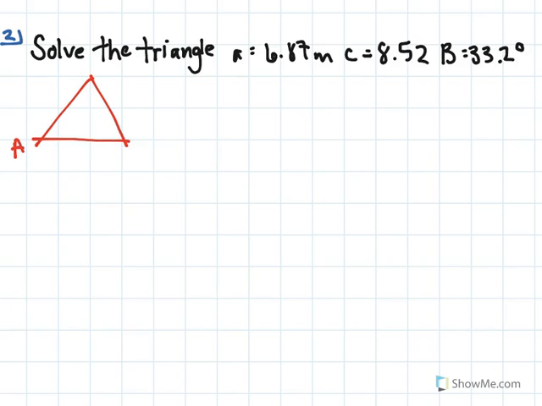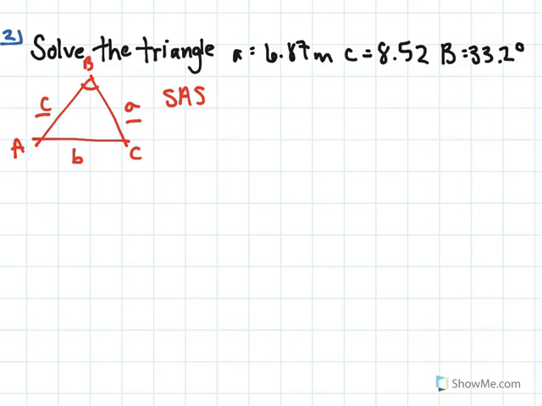We have angles A, B, and C with corresponding sides a, b, and c. We're given a side-angle-side triangle, right? Because we know side a, angle B, and side c.